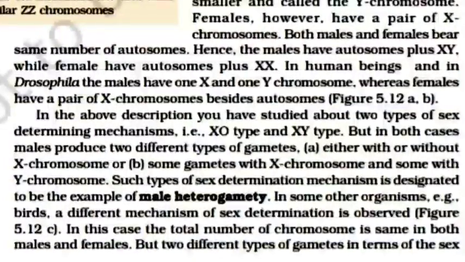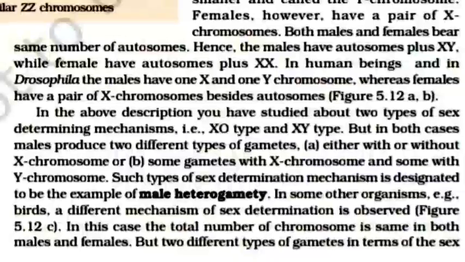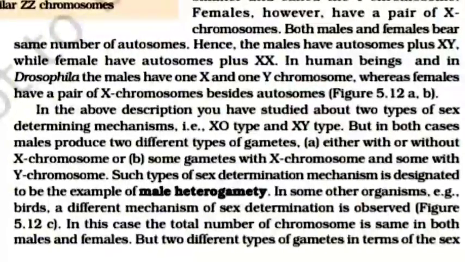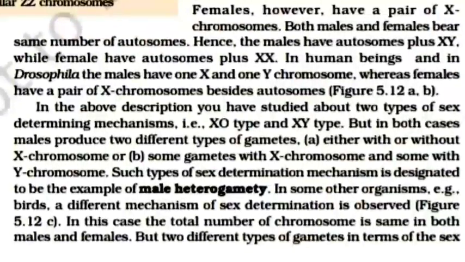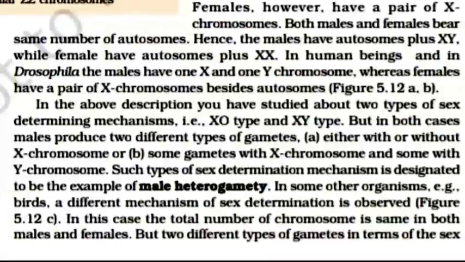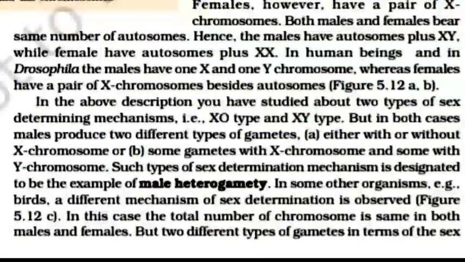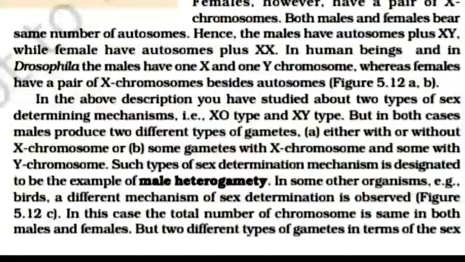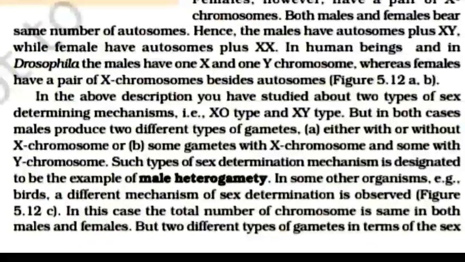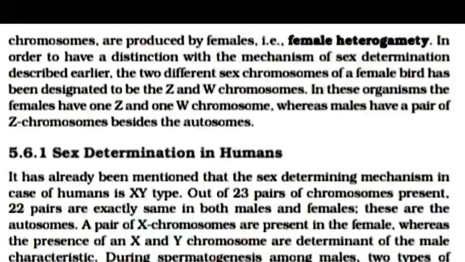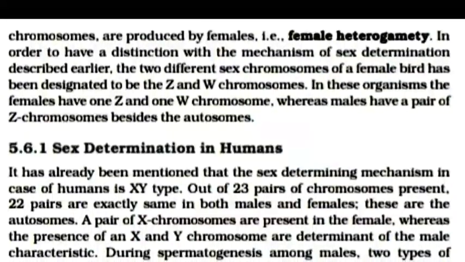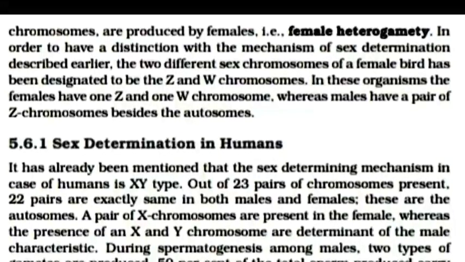In some other organisms, for example birds, a different mechanism of sex determination is observed. In this case, the total number of chromosomes is the same in both male and female, but two different types of gametes in terms of sex chromosome are produced by females.